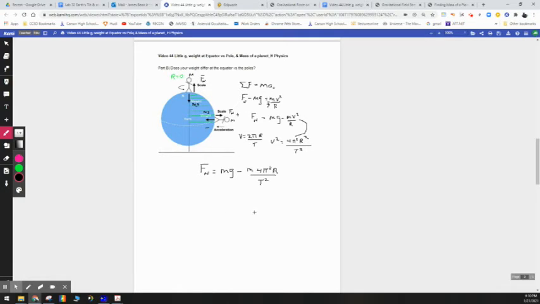Now, another question. What happens if the Earth spun faster or spun slower? Okay, well, let's take a look at scenario 1. Let's say the Earth rotated faster.